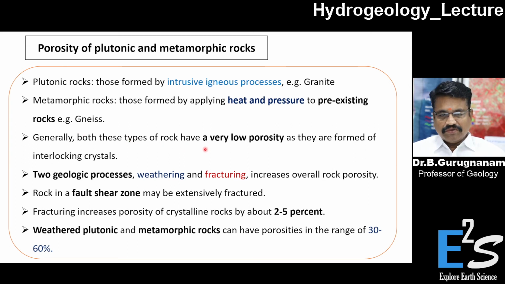Generally both these rocks have very low porosity as they are formed by interlocking crystals. Two geological processes after this formation, weathering and fracturing, lead to increasing the pore spaces. Rock in a fault shear zone may be extensively fractured. Fracturing increases the porosity of crystalline rocks by about 2 to 5%. Weathered plutonic and metamorphic rocks can have porosities in the range of 30 to 60%.